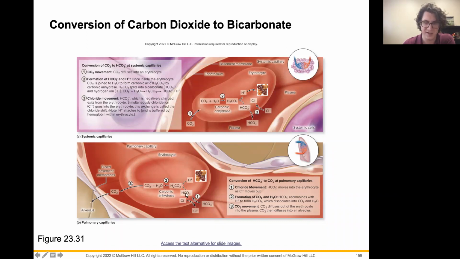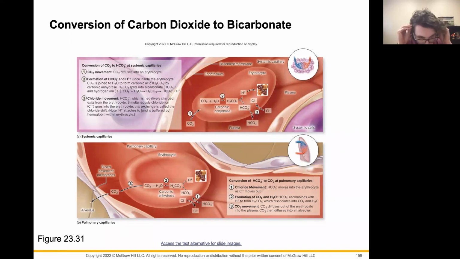The hydrogen ion here finds its bicarbonate, and then we have our carbonic anhydrase putting them back together. So the same enzyme that we use to tear them apart puts them back together. Then we have our CO2 and water. CO2 can then diffuse back into the alveolus so we can expel it.